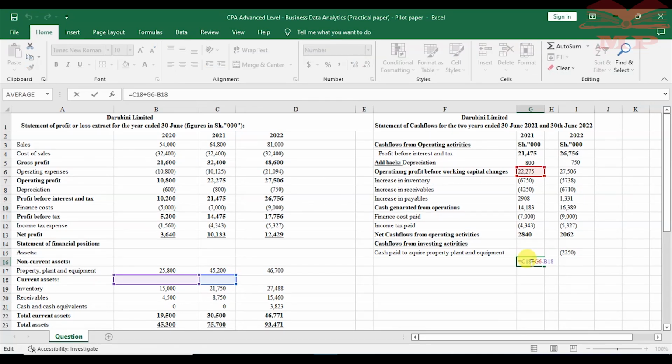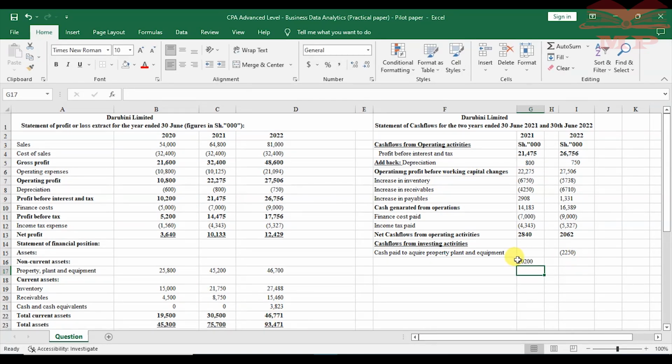This one should be 2,200. Let me confirm. Yes, 2,200. So it needs to be in brackets because it's an outflow, 2,200 and 2,250.